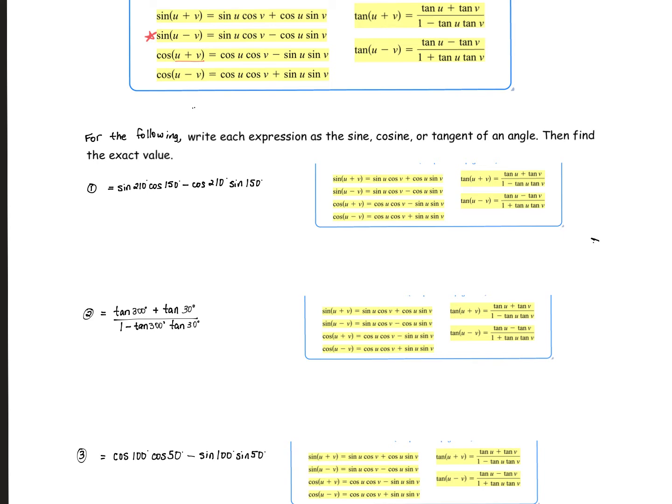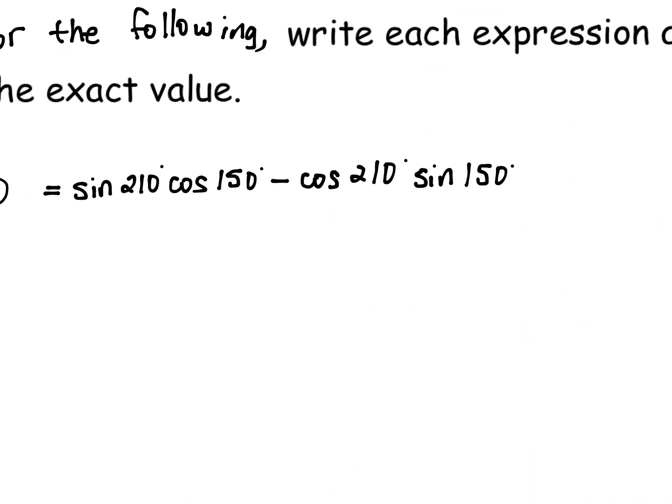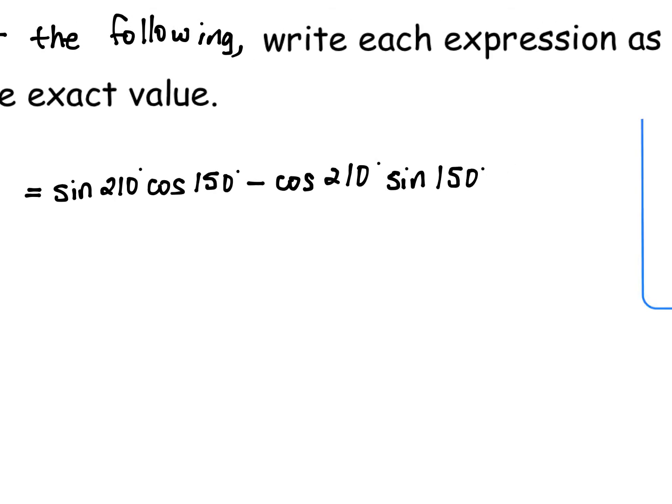So what they're asking you to do is write each expression as sine, cosine, or tangent of an angle, then find the exact value. When you work backwards, the angle that you arrive at is going to be on the unit circle. So the first thing you do is you say, okay, look, let me look at this formula. It goes sine, cosine, minus cosine, sine. So let's go over to our formulas.